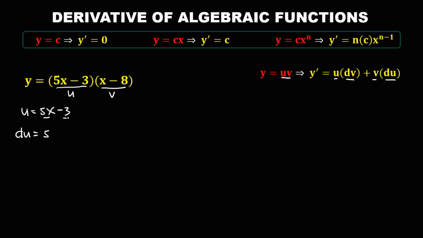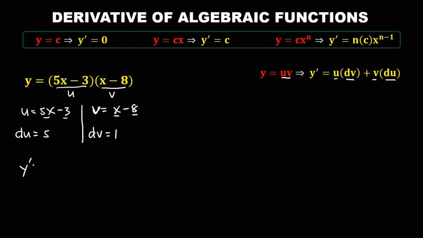The derivative of a constant is 0, so du is equal to 5. Then v is x minus 8. So dv, the derivative of x, is 1, and the derivative of a constant is 0. So dv is equal to 1.